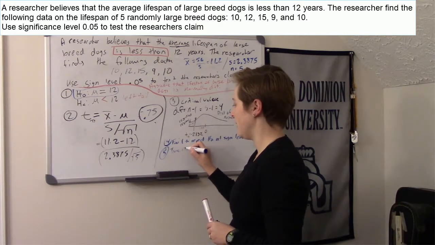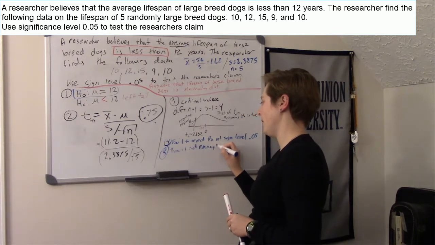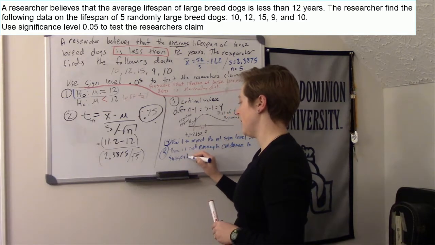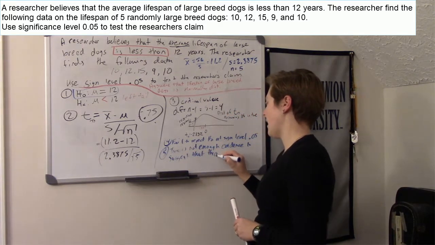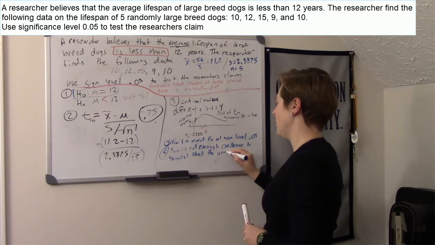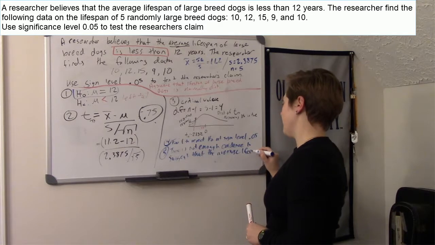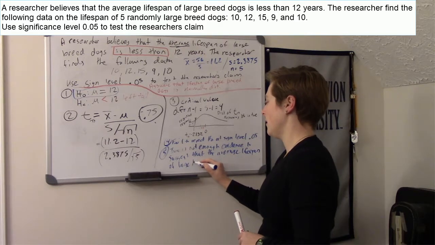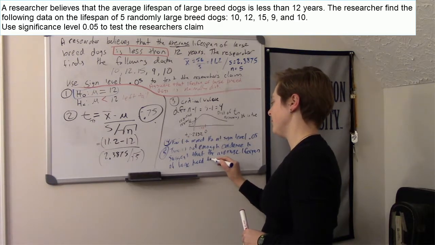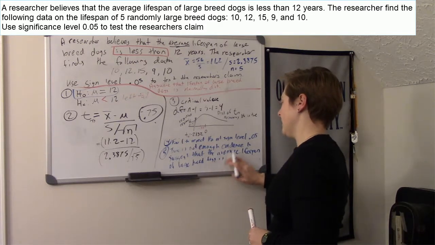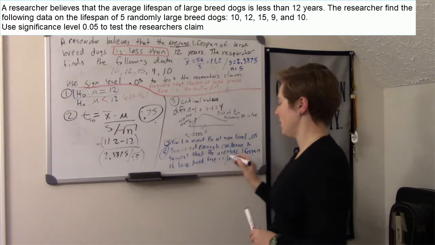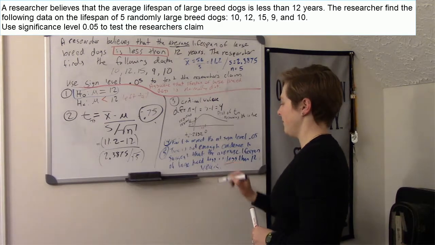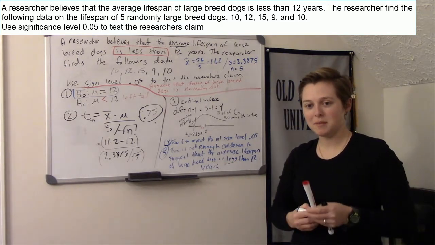So there is not enough evidence to suggest that the average lifespan of large breed dogs is less, right, have it match the alternative, is less than 12 years. Okay? Make sense? Any questions about that?